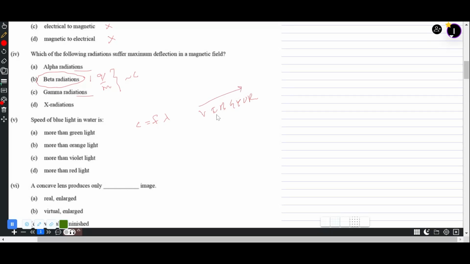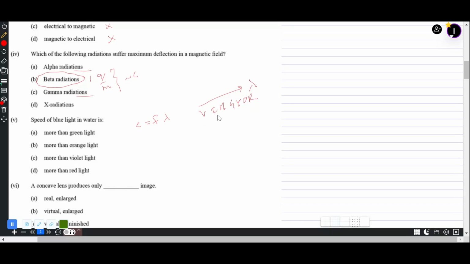Violet is first, indigo is second, blue is third, green is fourth, yellow is fifth, then orange, and then red. So wavelength grows in this direction. Green light is on this side, orange is further this side, violet has the lowest wavelength and red the highest.